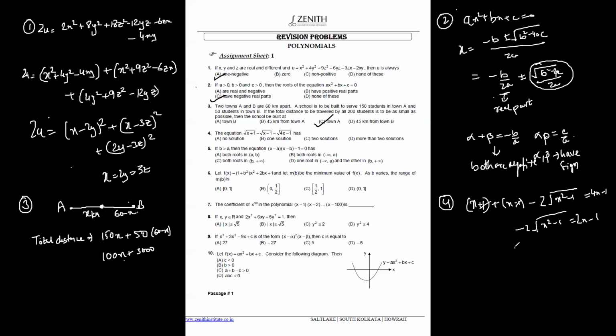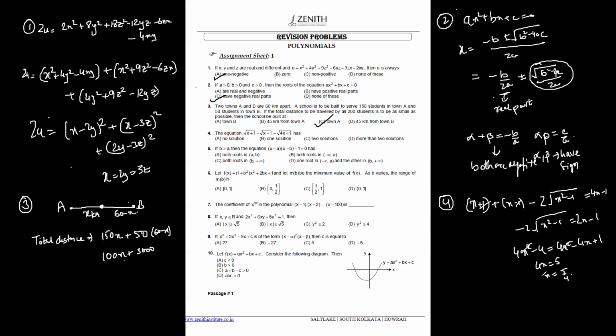Squared again. So 4x square minus 4 is equal to 4x square minus 4x plus 1. 4x square gets cancelled. We'll end up getting 4x is equal to 5 and x is equal to 5 by 4.